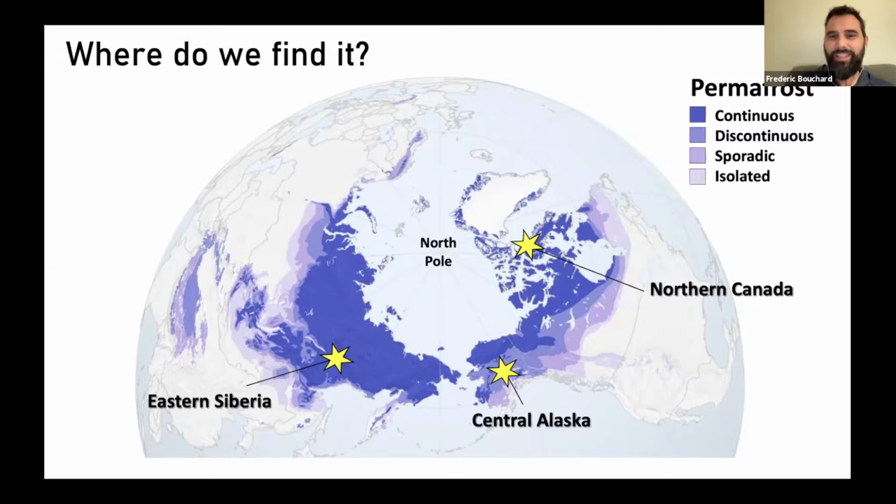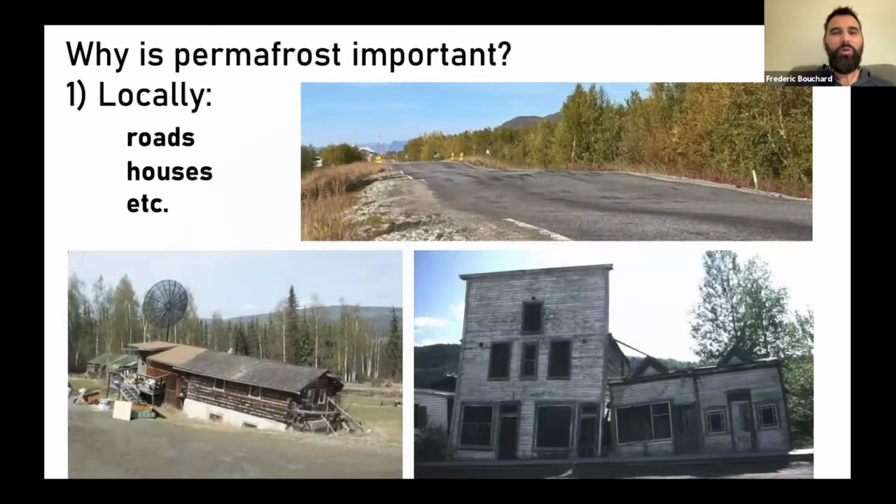Next slide, please. So why is it important to study this hidden frozen ground, this ground ice? First, it is important at the local level. It's the base of the northern infrastructures: railroads, roads, basements, houses and buildings.